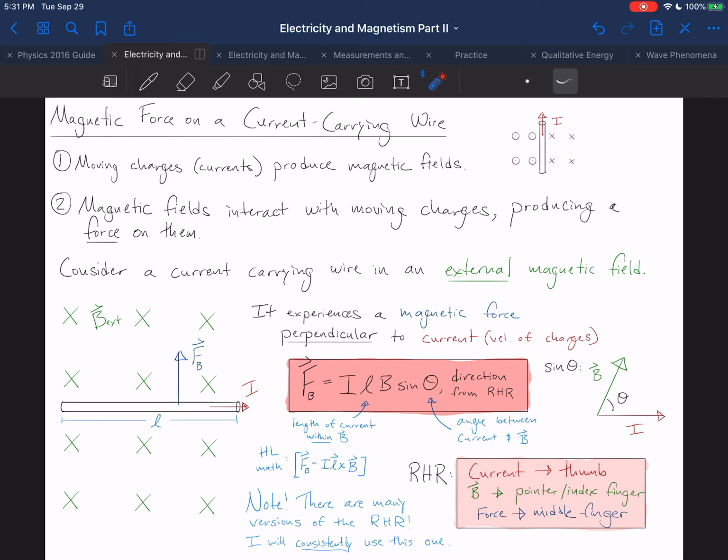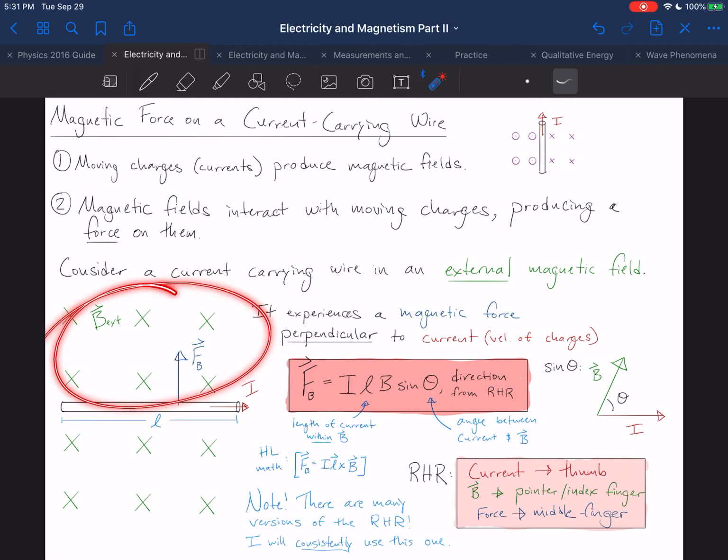So consider a current carrying wire in an external magnetic field. That is, here's my current carrying wire. It is carrying current to the right. It is of length L, or there is L inside the field, and B external is applied. Notice this is not the field.